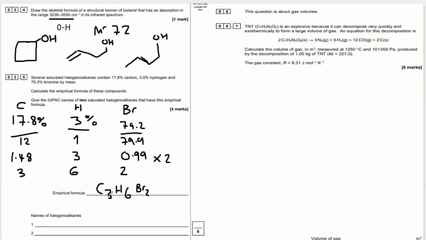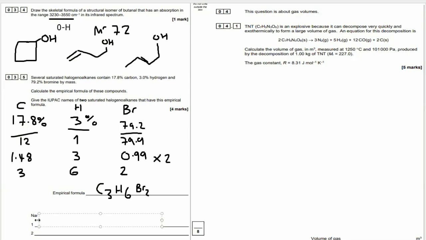Now, can I divide this by 2? No, I can't simplify it anymore because that 3 won't divide by 2 and that 2 won't divide by 3. So that is my simplest ratio. The next part of this question says, give the IUPAC names of 2 saturated halogenoalkanes that have this empirical formula. Well, if we've got 2 bromines attached, we can go for any combination of dibromopropane.